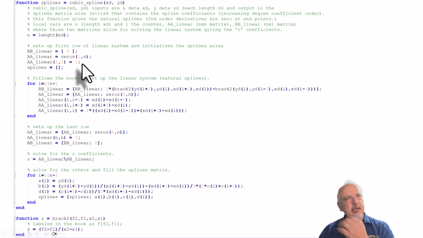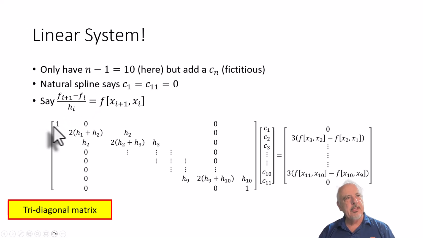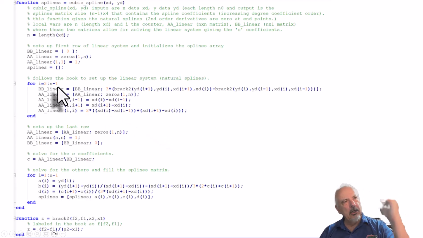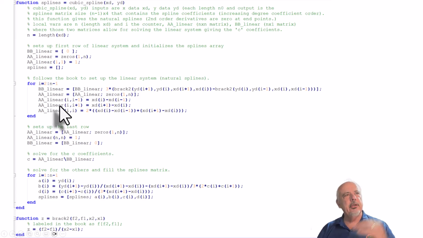And then I clean it up to set up that first row, the first diagonal element to be 1. So these two statements take care of that whole first row in the big matrix. Then I just go row by row, filling out both the AA linear and the BB linear.